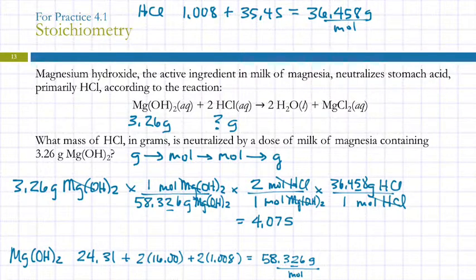So this number has 3 significant figures. All of these have 4 or more, so this would be 3 significant figures, and I'm going to round that to 4.08 grams of HCl.